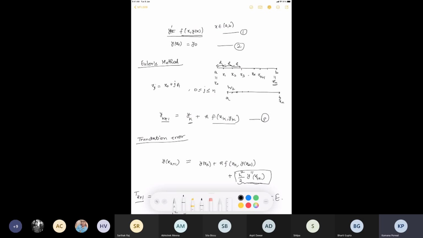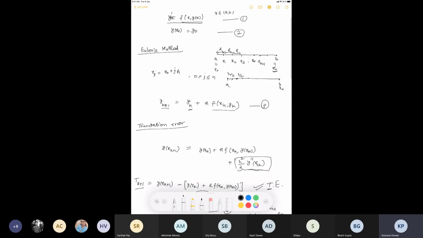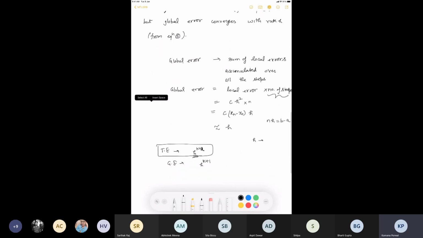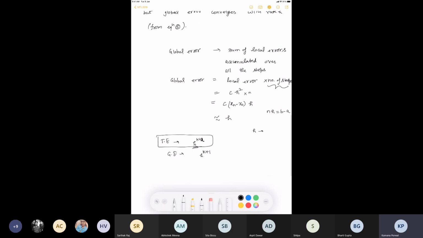But with a different h. So what will happen to the error in this case? Here my global error was ek. So what do I expect here? You can see that it converges with a linear rate, right? So if you are reducing h by 2, your error will reduce only by a factor of half.